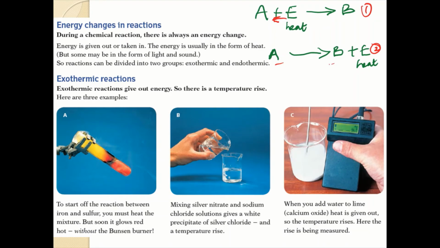So here we have two kinds of chemical reaction, one in which heat energy is absorbed, and that is called endothermic, and the other in which heat energy is released, and that is called exothermic reaction.